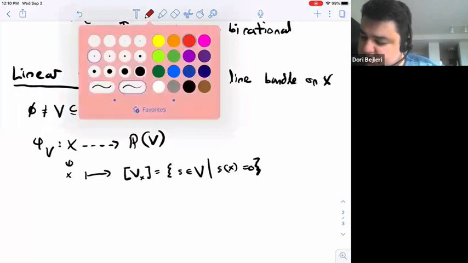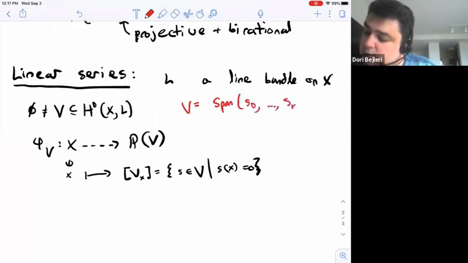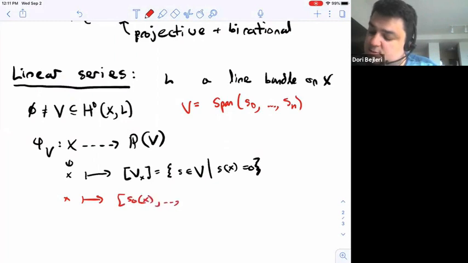But you can also use coordinates. So let's say we pick a basis S0 through Sn, and then we can think of this as X goes to the projective coordinates S0 of X through Sn of X. Okay.